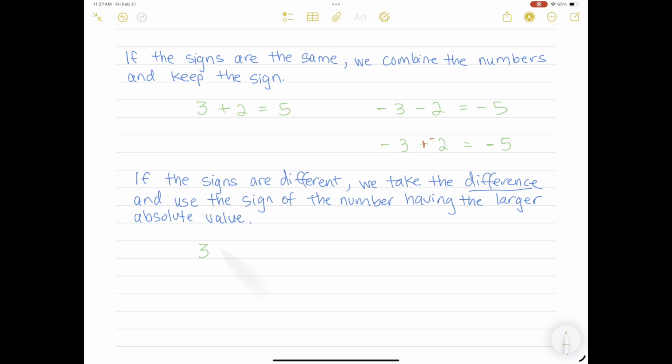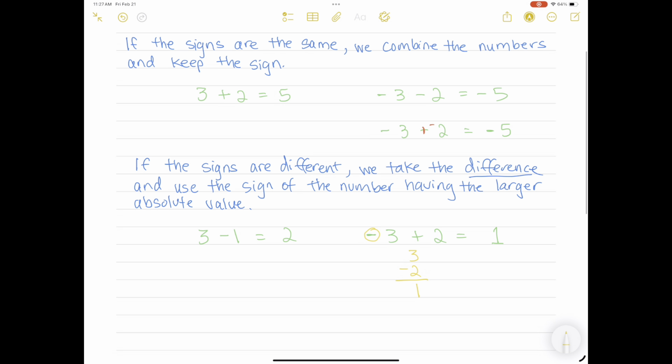So 3 minus 1 equals positive 2, because the number with the larger absolute value, 3, is positive. Negative 3 plus 2 equals 3 minus 2, which equals 1, and it will be a negative 1 because negative 3 has the larger absolute value, and its negative sign will be carried over to the answer.